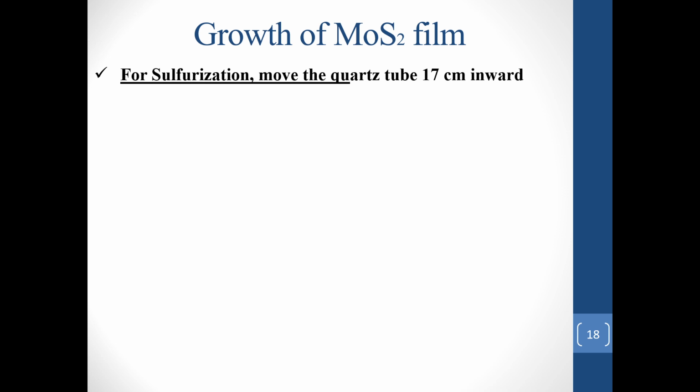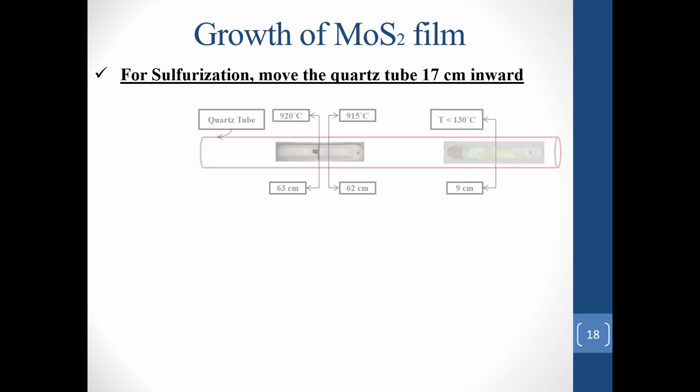what do we have to do now? The next step is basically the sulfurization. For sulfurization, our task is to evaporate our sulfur onto the silicon substrate, which already has some MoO3 precursor on the surface. For that, we know from literature that sulfur powder evaporates at a temperature of greater than 130 degrees Celsius.